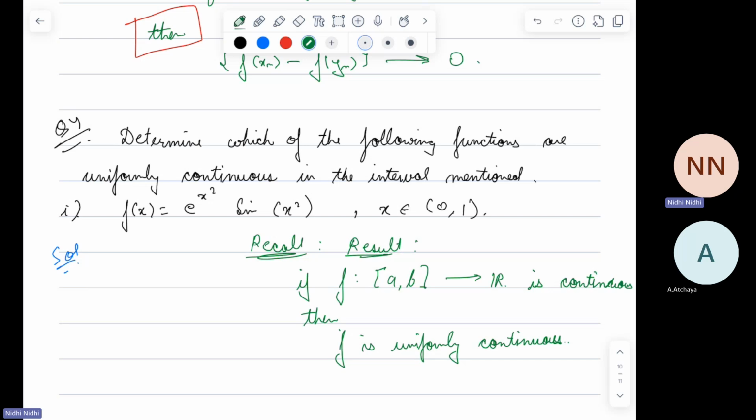So if a function is continuous on a closed and bounded domain, then it is uniformly continuous. It can be replaced by any closed and bounded domain. I hope this must have been discussed in your theory lectures. A function continuous on a closed and bounded domain is always uniformly continuous.